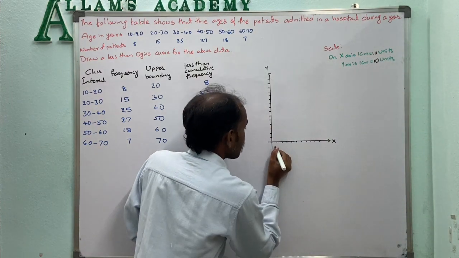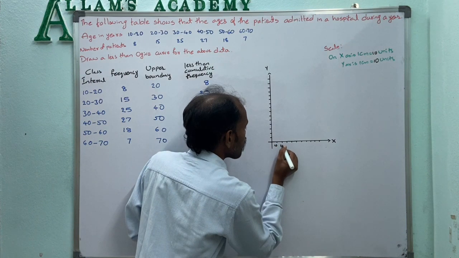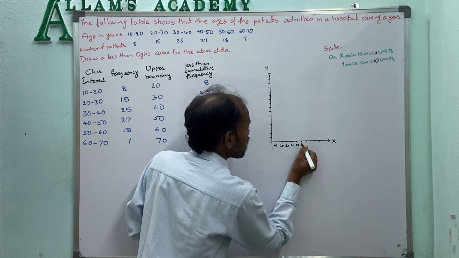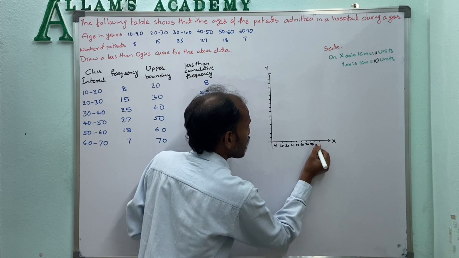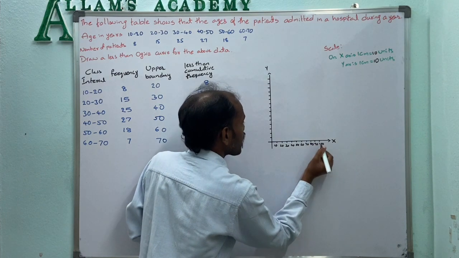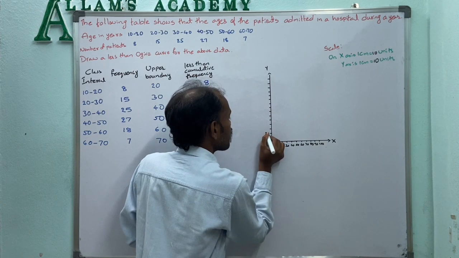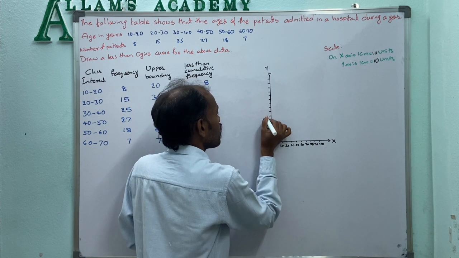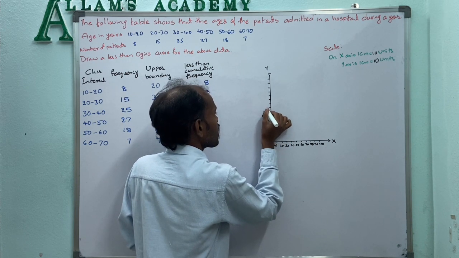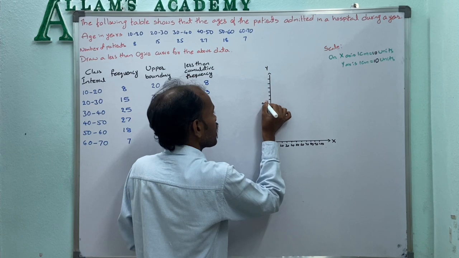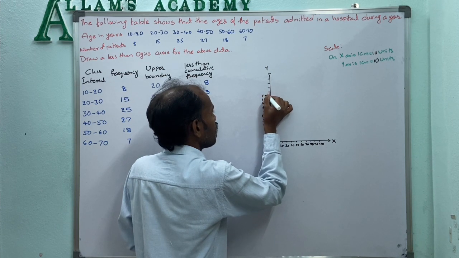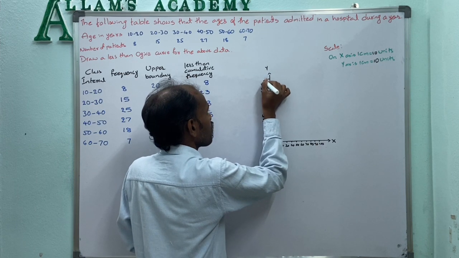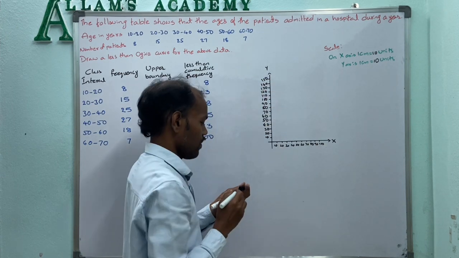So here 10, 20, 30, 40, 50, 60, 70, 80, 90, 100, and on the y axis 10, 20, 30, up to 150 we take.